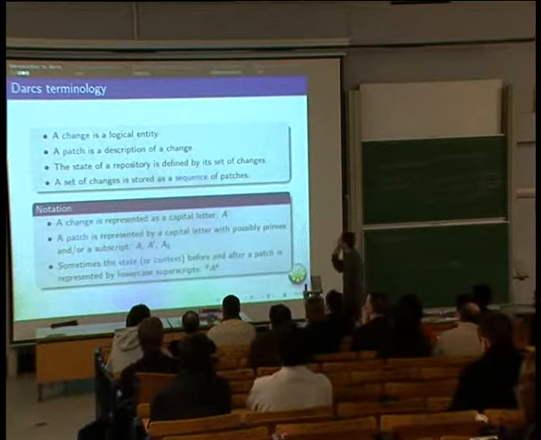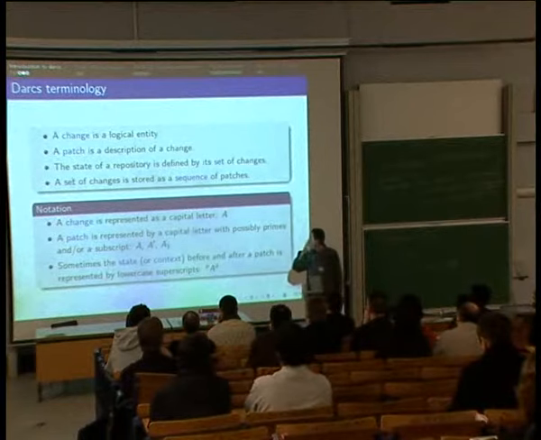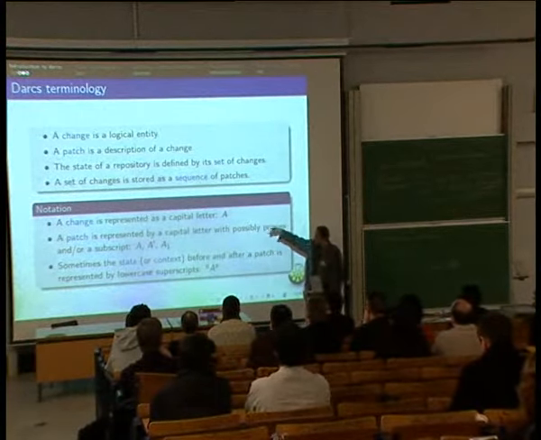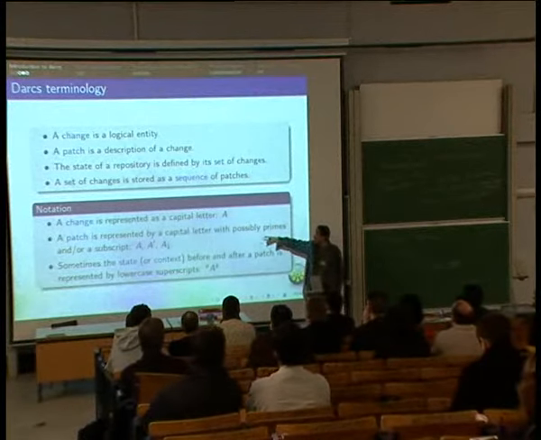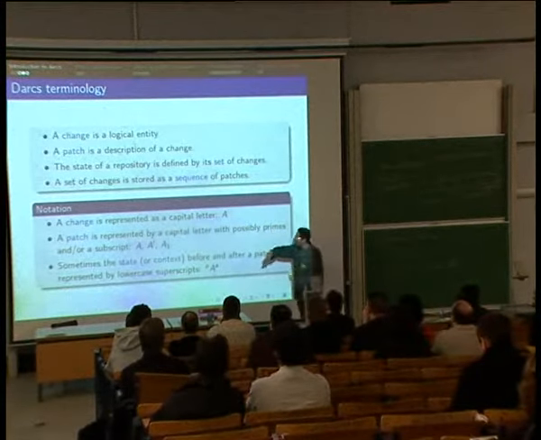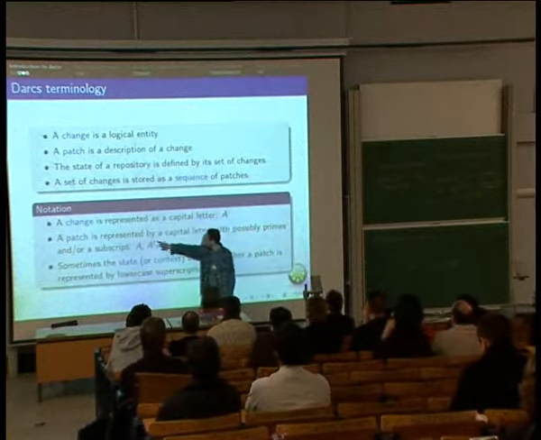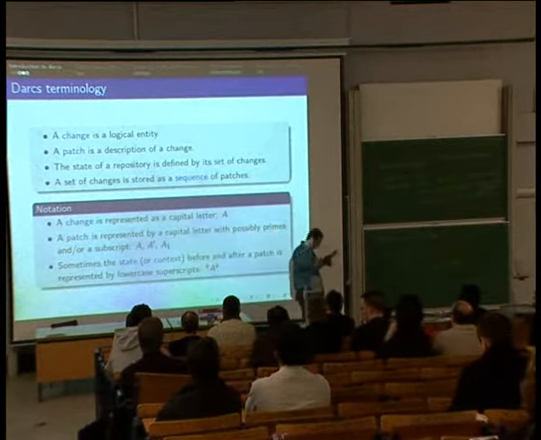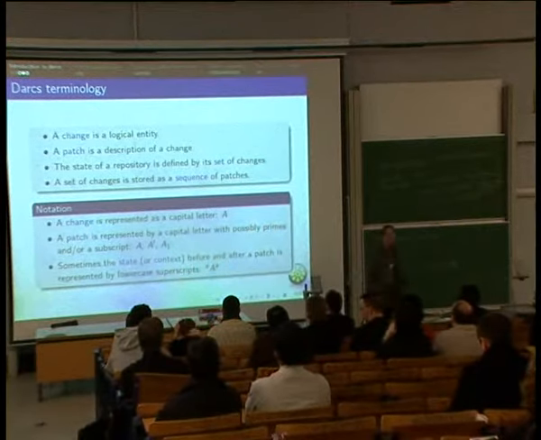Then I'll describe a little bit of notation I'll be using in this talk. I describe a change by some sort of capital letter A, and a patch would be represented by that capital letter with some possible prime or subscript for if it's a different context of the same change.